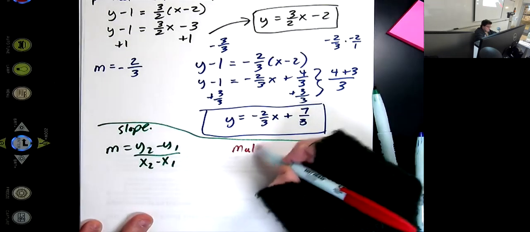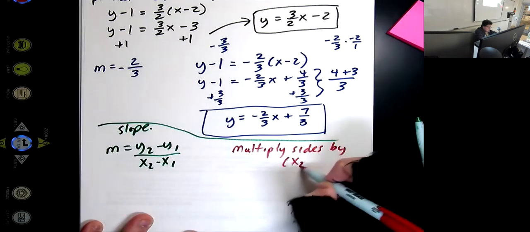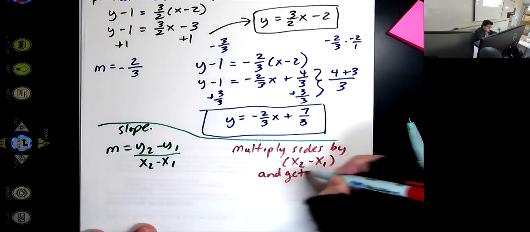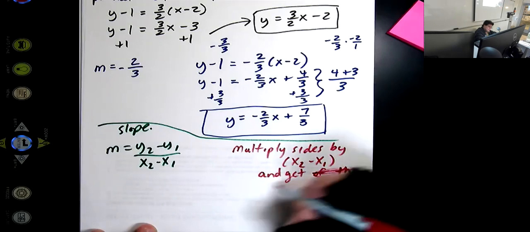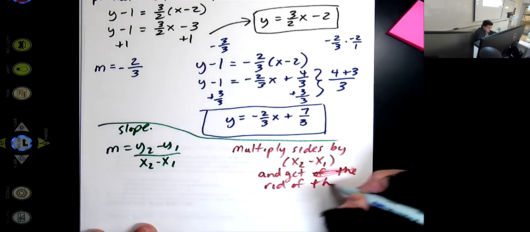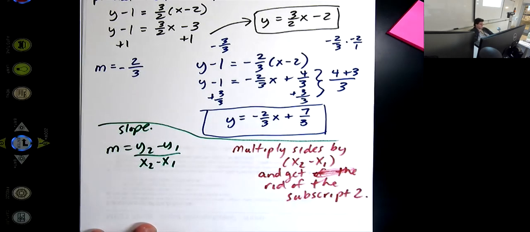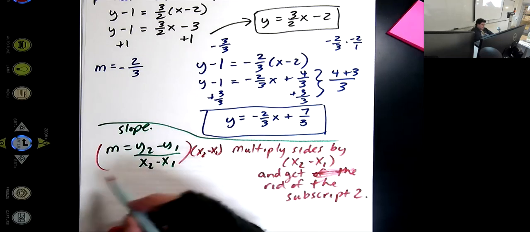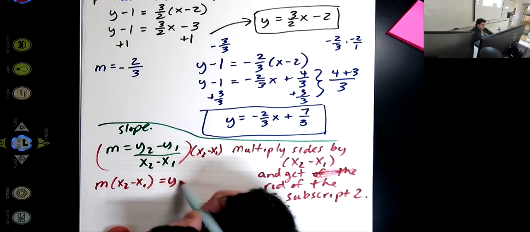Multiply both sides by x2 minus x1 and get rid of the 2 subscript. I get m times x2 minus x1 equals y2 minus y1.